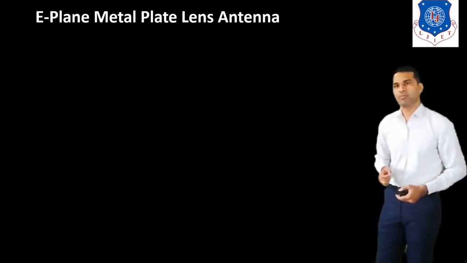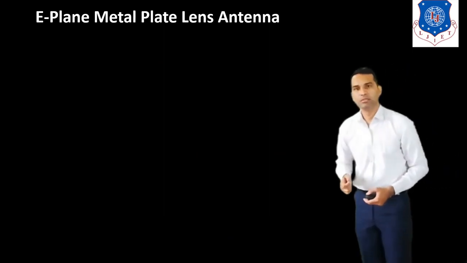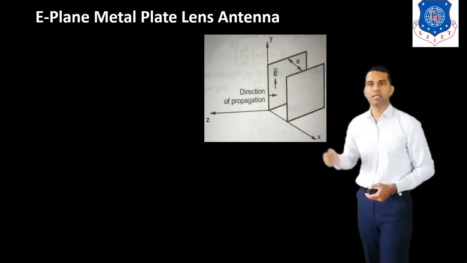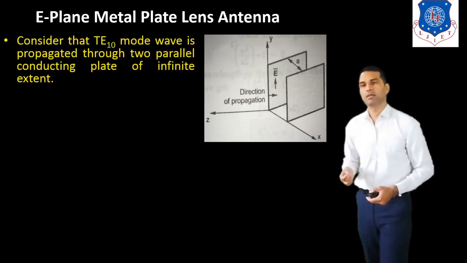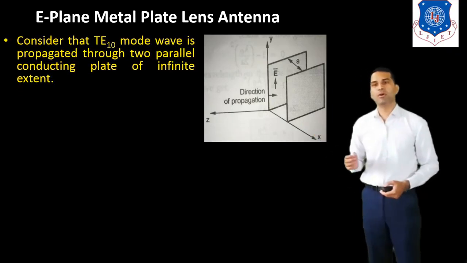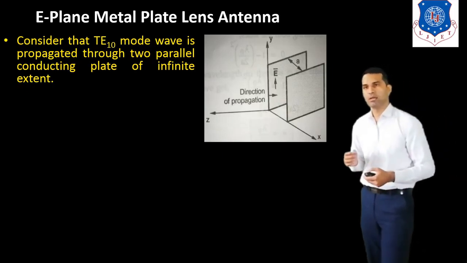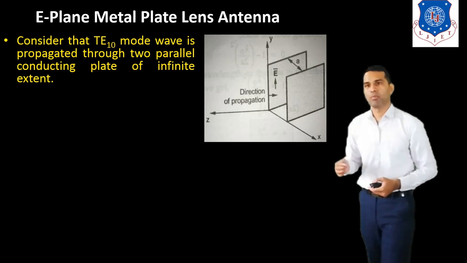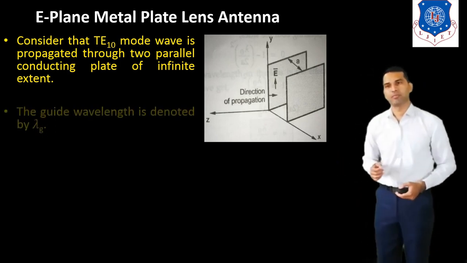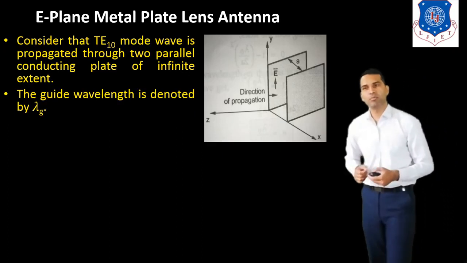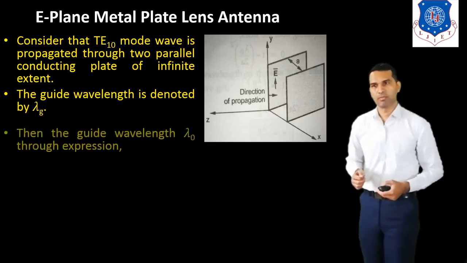Now, the E-plane metal plate lens antenna. This figure indicates the E-plane metal plate lens antenna. Consider that a TE10 mode wave is propagated through two parallel conducting plates of infinite extent. The guide wavelength is denoted by λg.